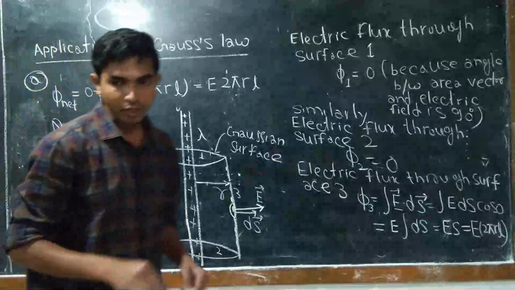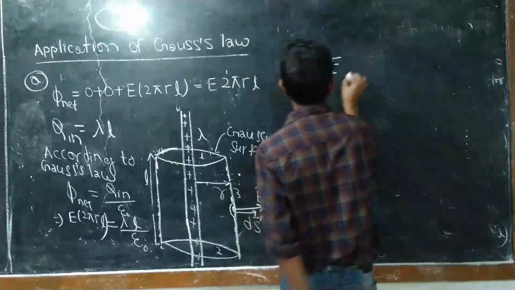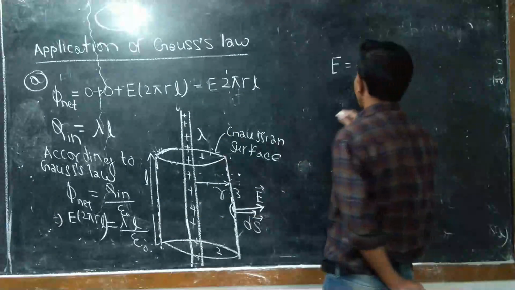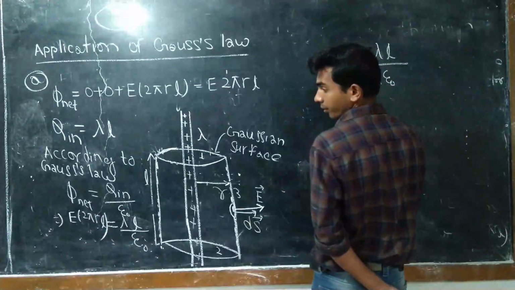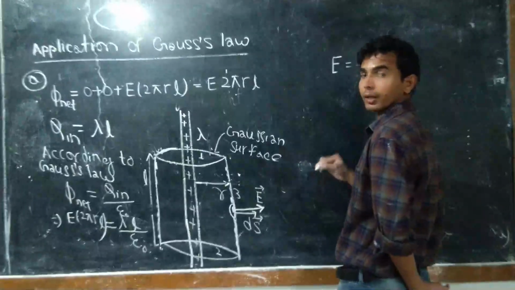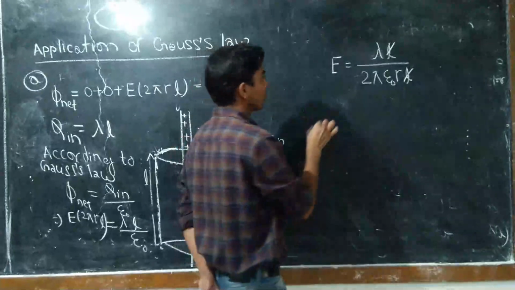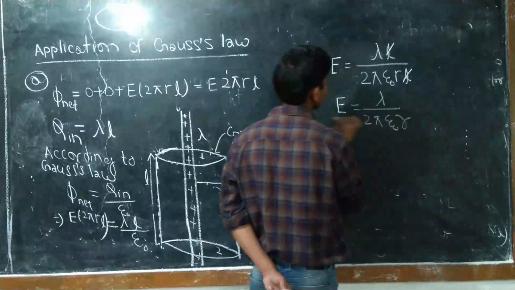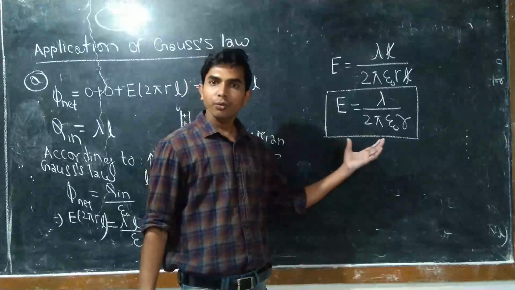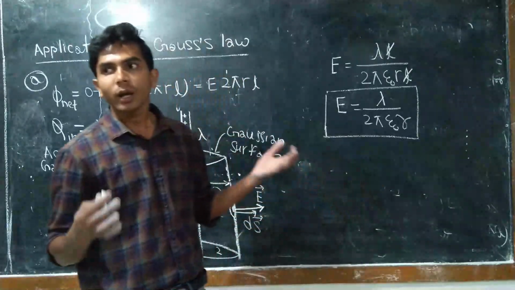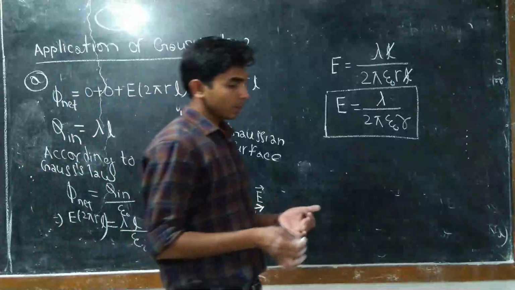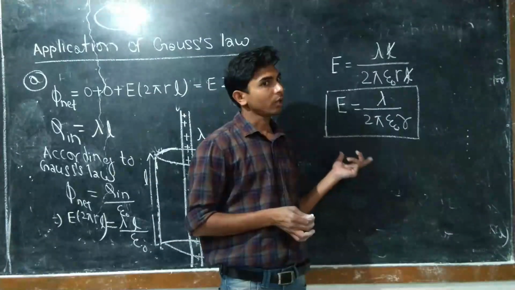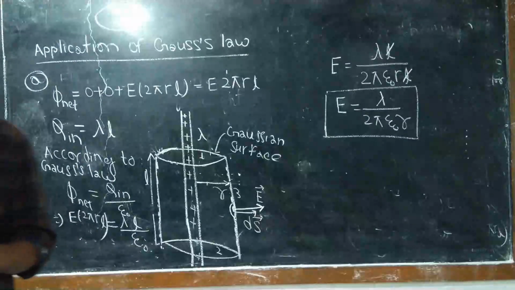We can write E is equal to lambda L divided by 2 pi epsilon 0 R into L. This L cancels, so the electric field is lambda by 2 pi epsilon 0 R. With the help of this formula you are able to find the electric field at distance R. So this is the formula for the electric field due to an infinitely long straight wire, so note it down.